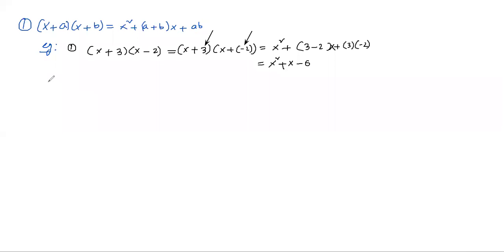Now we'll go for example number 2. What if in both cases there are minus signs? It can happen, right? In that case you can do it directly also, but what we'll do is like this.